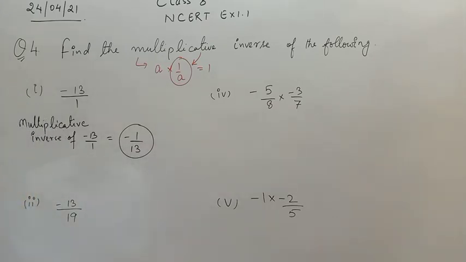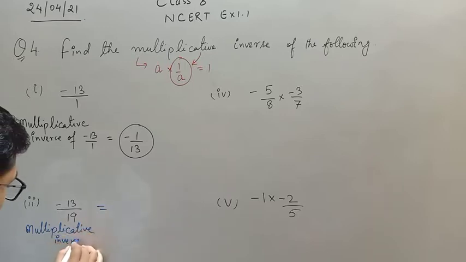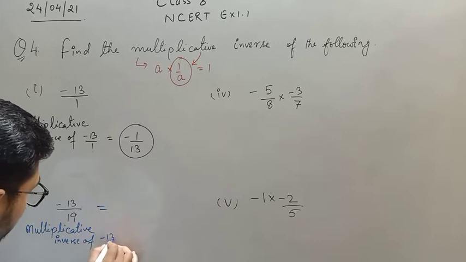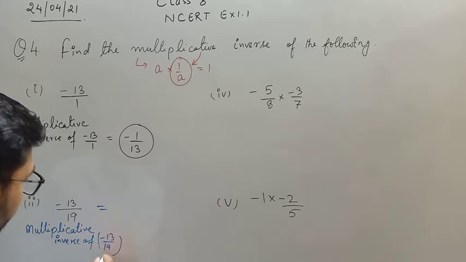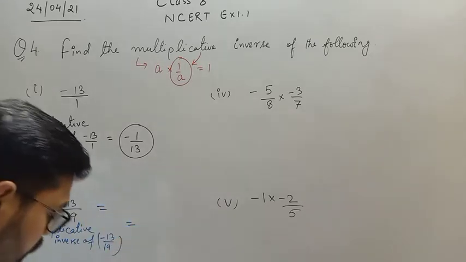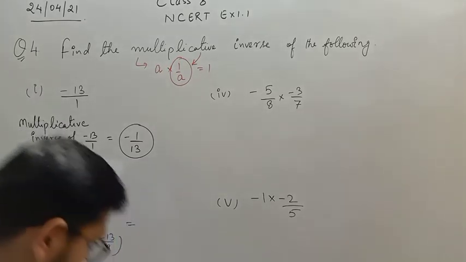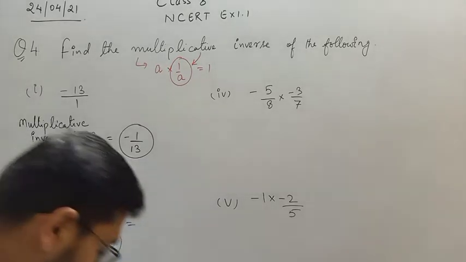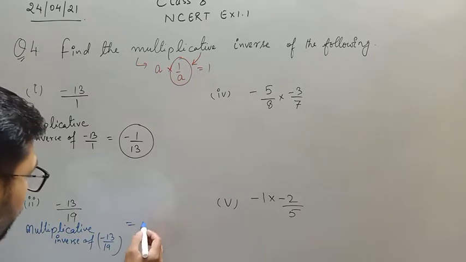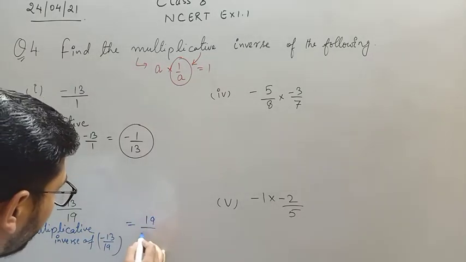Now the next is minus 13 upon 19. So multiplicative inverse of minus 13 upon 19 will be is equals to 19 upon minus 13.